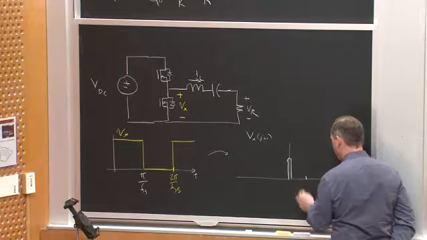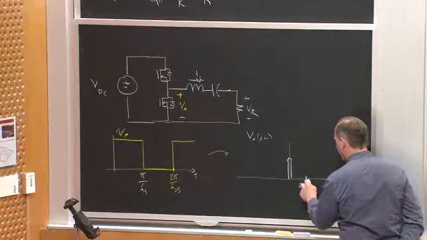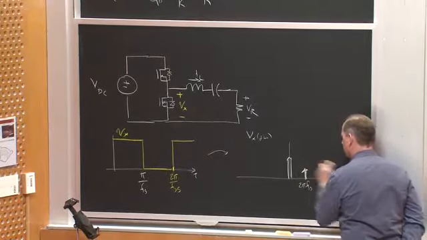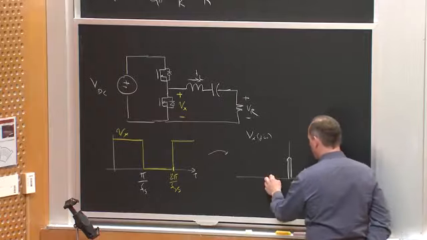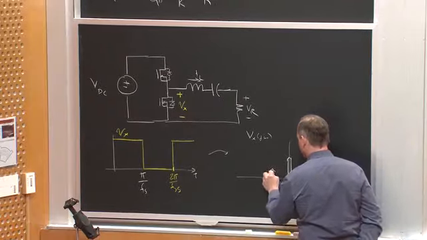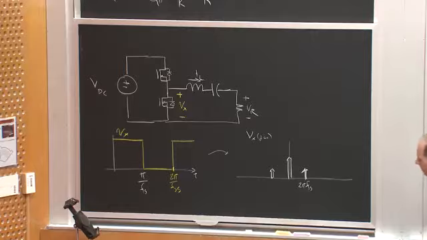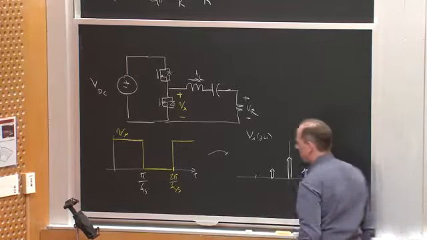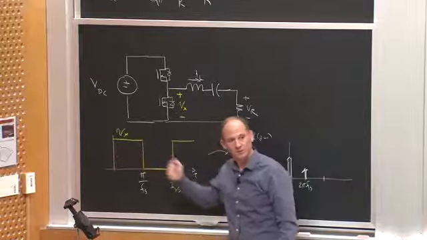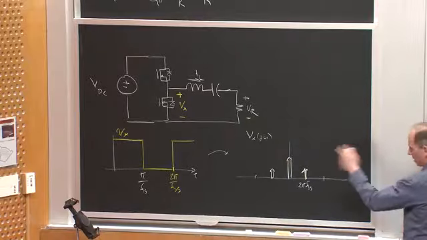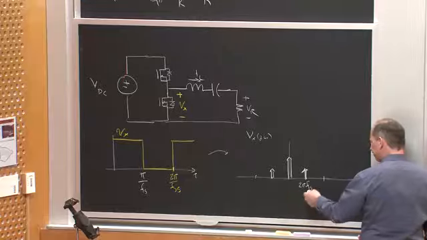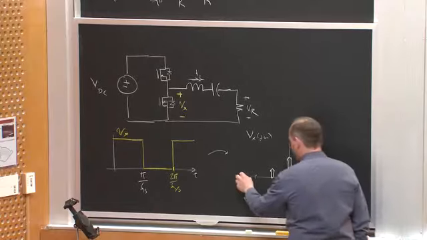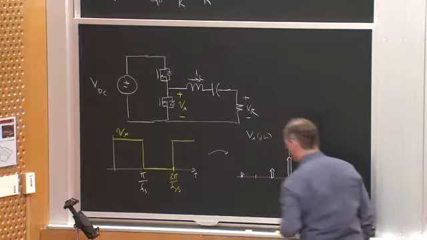And then at 2 pi Fs, I would have some frequency content, and at minus 2 pi Fs, I'd have the same frequency content, okay? And then there's no second harmonic because this is half-wave symmetric, okay? Or at least the AC component's half-wave symmetric. And so then the next thing would be the third harmonic, okay, out here, okay?